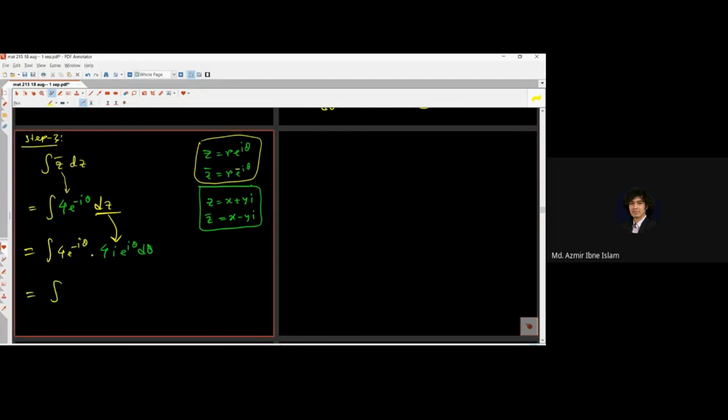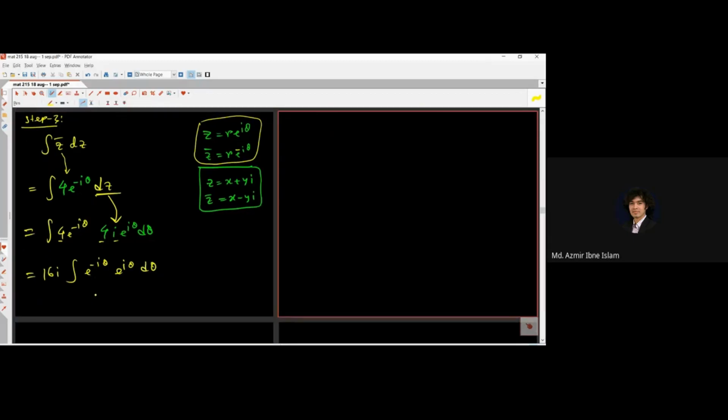We have 4 times 4, that is 16, a constant. We are pulling out 16 before, and i is also constant. So we can write 16i, and we have e to the power minus i theta and e to the power plus i theta d theta. So finally, 16i e to the power negative i theta plus i theta d theta.